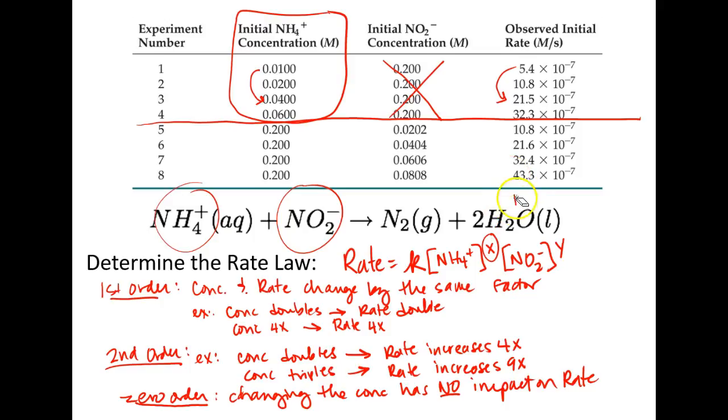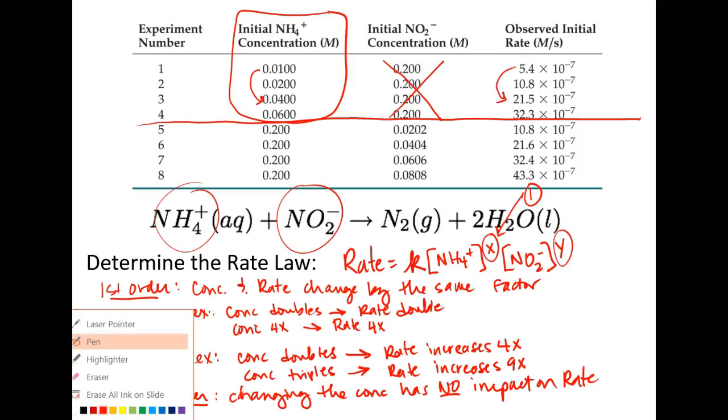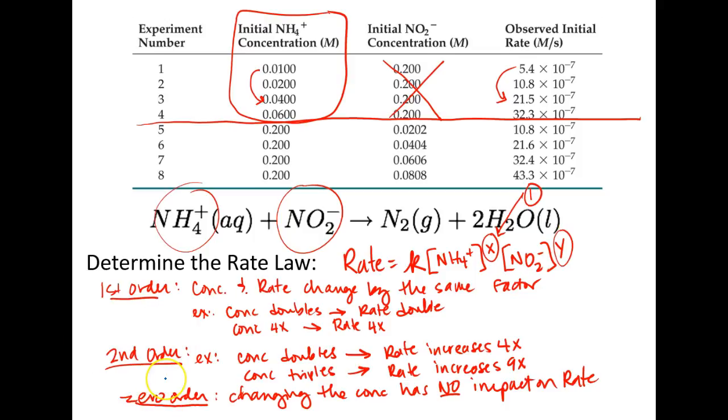Now, we said a moment ago that we thought x was going to be first order. Excuse me, yeah, NH4+ would be first order, that x would be 1. We did not finish with y. I'm just going to see if I can change colors here, make this a little easier to see.